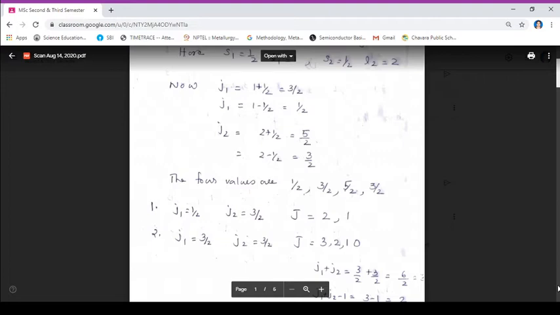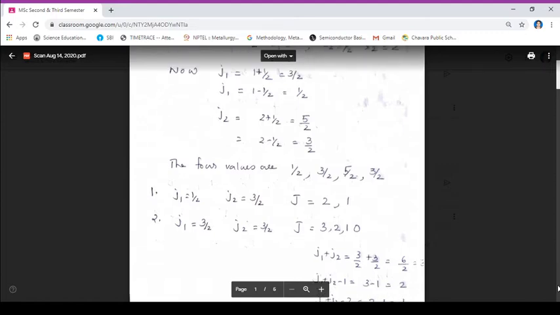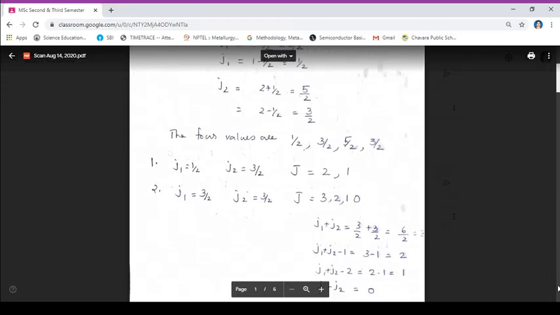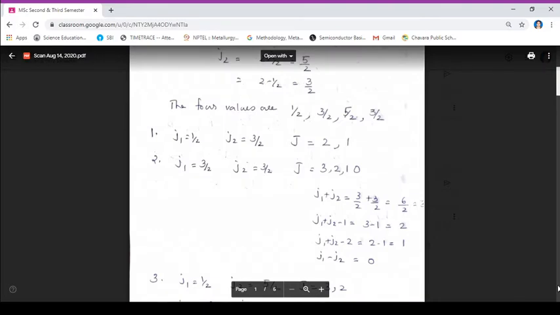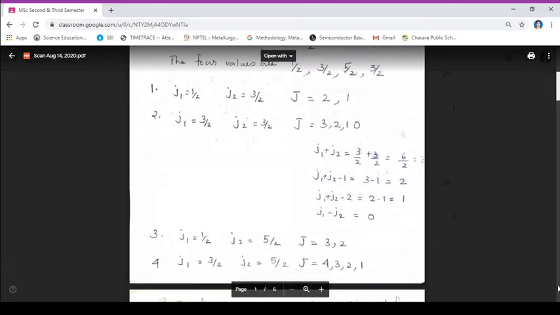So the values are 3, 2, 1, 0. That means J1 plus J2 down to J1 minus J2 values are possible. J1 plus J2 gives 3, J1 plus J2 minus 1 gives 2, J1 plus J2 minus 2 gives 1, and the last one, J1 minus J2, gives 0. So the values are 3, 2, 1, 0.